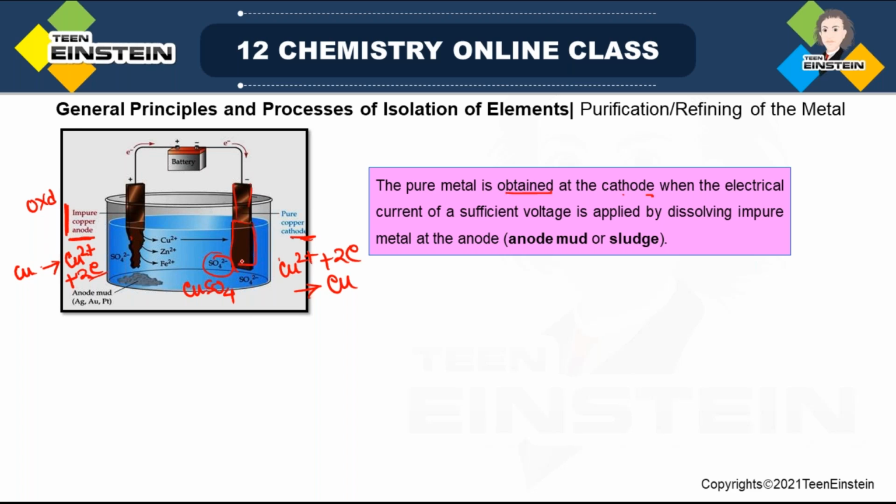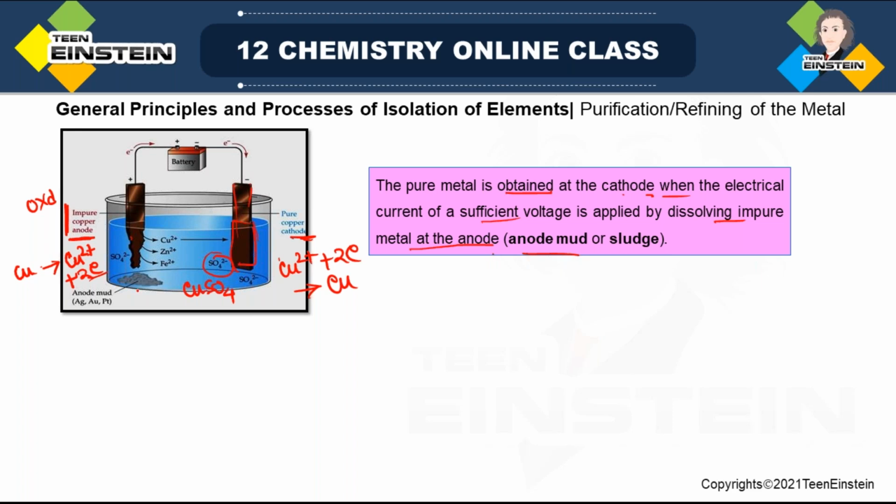See, there is deposition of copper, and pure metal is obtained at the cathode when an electrical current of sufficient voltage is applied, dissolving impure metal at the anode. So gradually the size of the anode will decrease, and the size of the cathode will increase. Now see, one particular term is mentioned which is very important: dissolving impure metal at the anode.